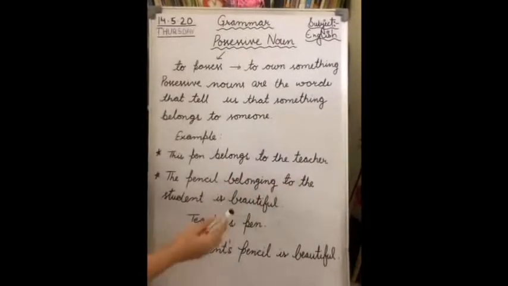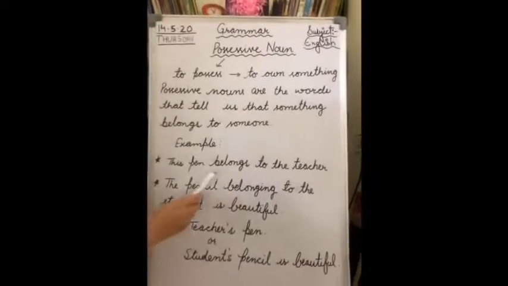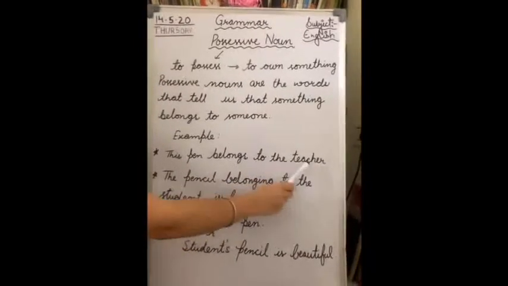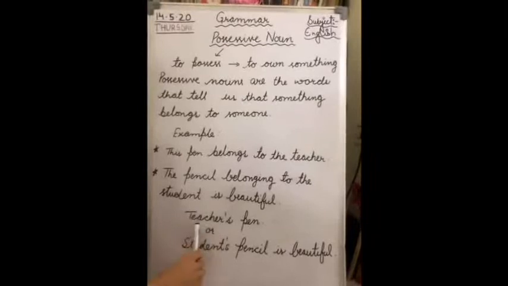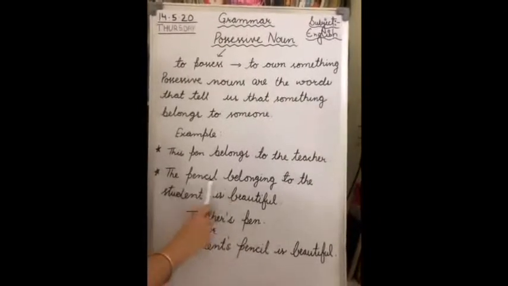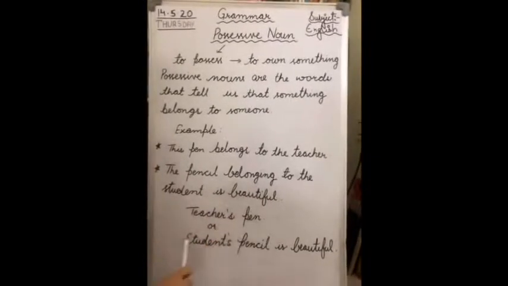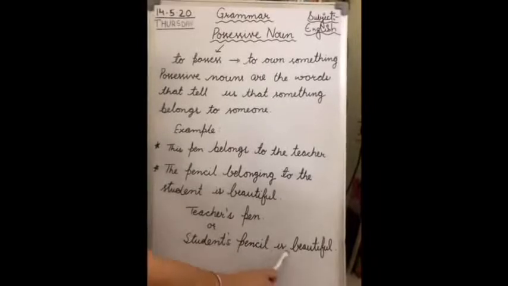We are going to cut short these sentences. Should I tell you how? Yes. Here, this pen belongs to the teacher can be written as teacher's pen. Or the pencil belonging to the student is beautiful can be written as student's pencil is beautiful.